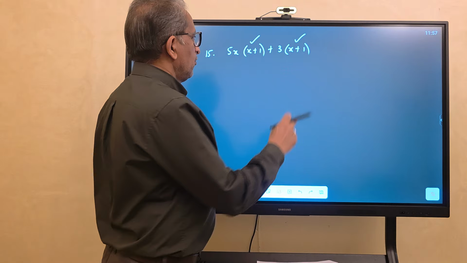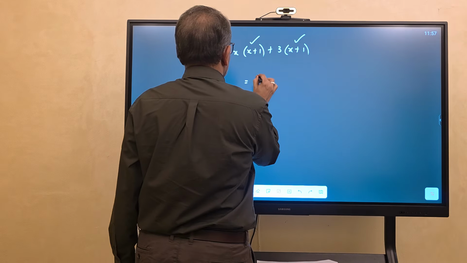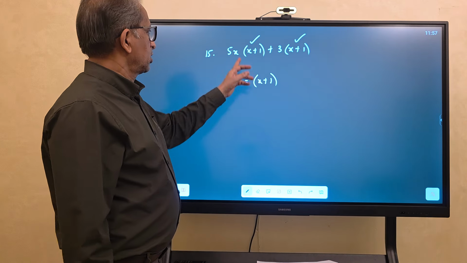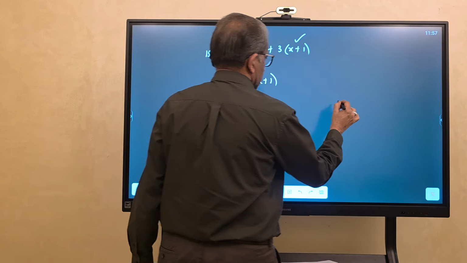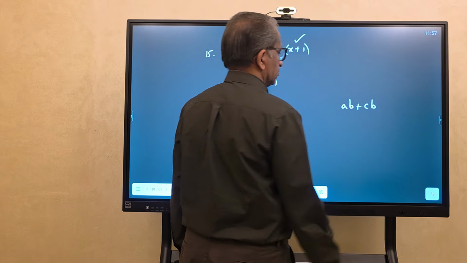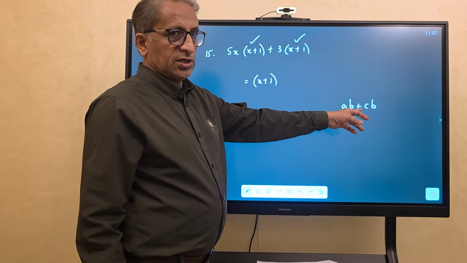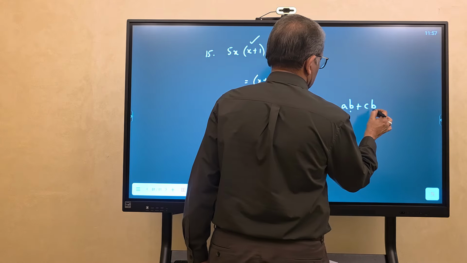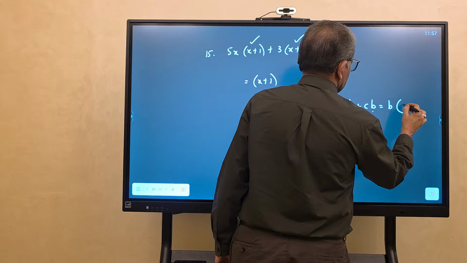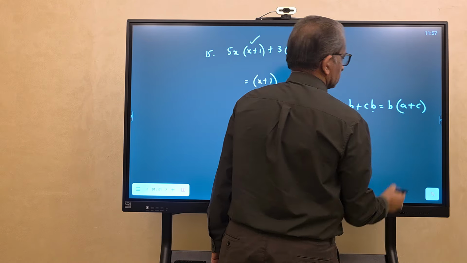When we have the same, you take that out. It is something like this: AB plus CB. You have the same B. Then if I take B out, it is A plus C.